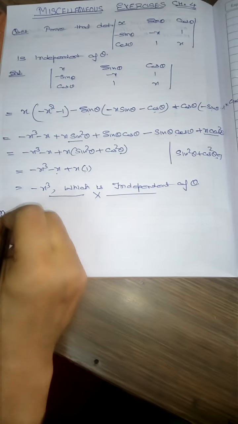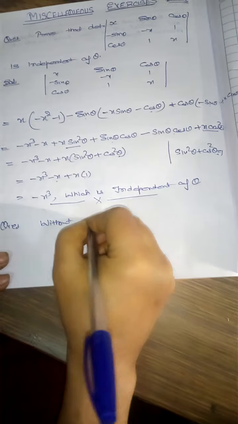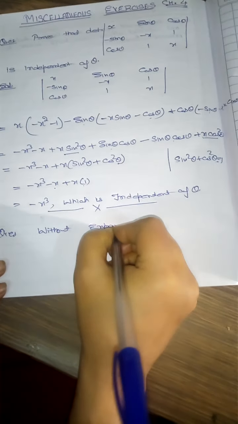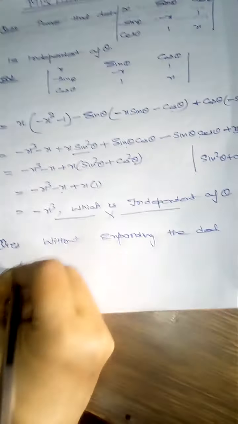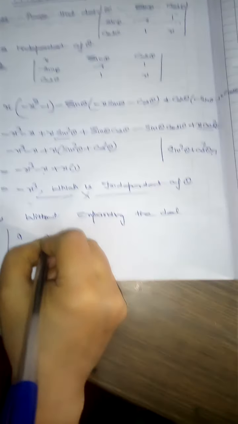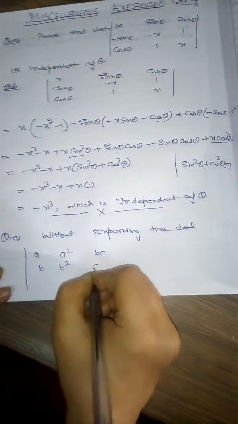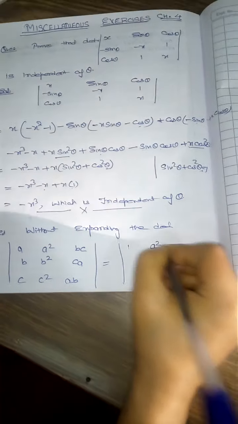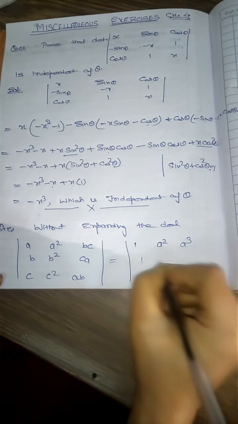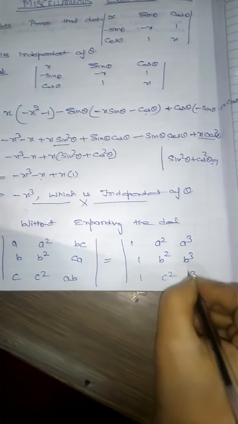The next question is without expanding, which means you have to use properties here. Without expanding the determinant, prove that the determinant with rows a square, bc; b square, ca; c square, ab is equal to the determinant with rows 1, a square, a cube; 1, b square, b cube; 1, c square, c cube.